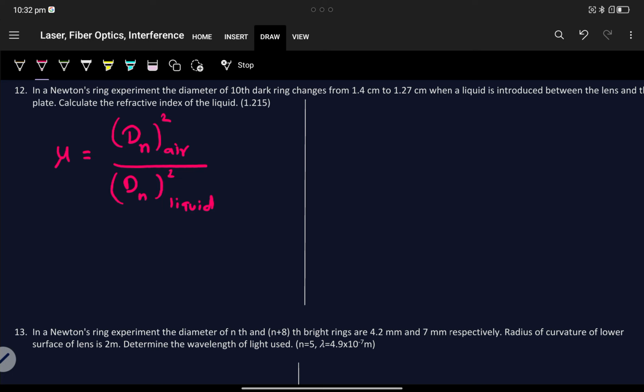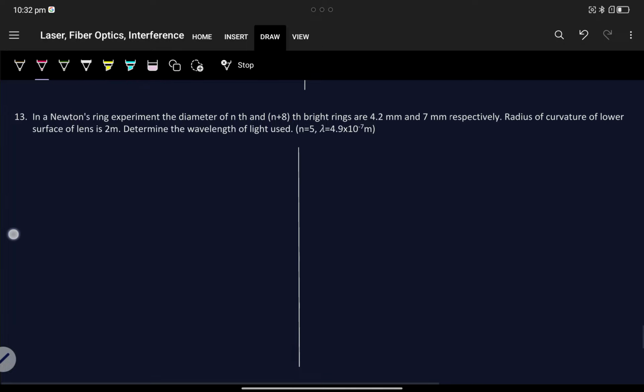So we'll be writing this as 1.4 square divided by 1.27 square. So the refractive index comes out to be 1.215. Let's move towards the next question.